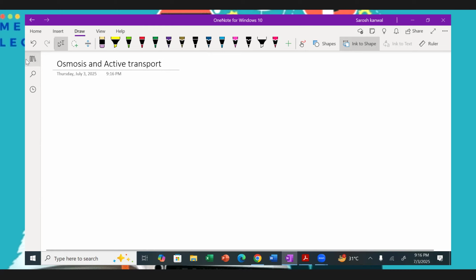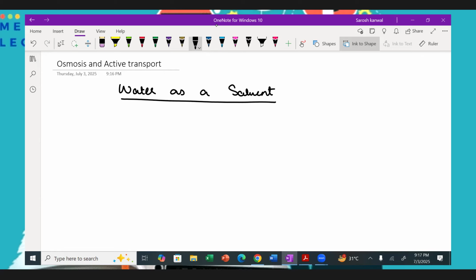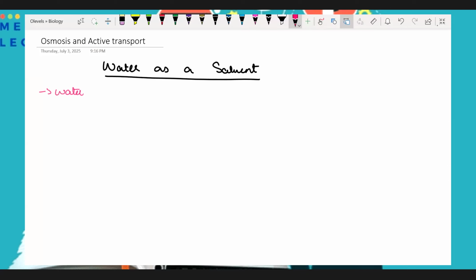Okay, before beginning with osmosis, we have to see water as a solvent, right? We know water is important for all living organisms, right? Why?